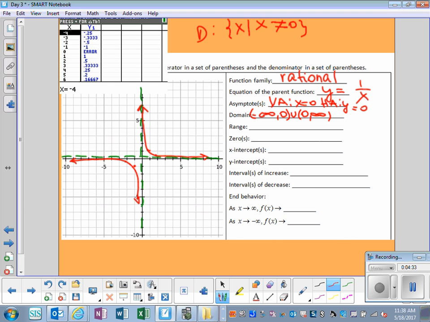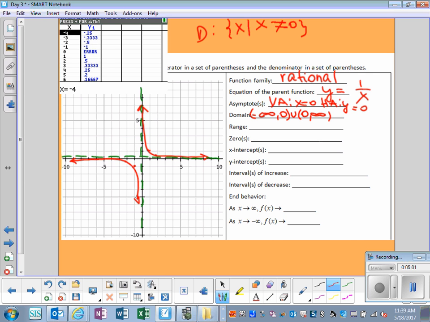Perfect. What about range? Is it much like how you would write the domain? You can see that as I start moving from the bottom to the top, and figuring out where my function exists, it exists everywhere except I never touch or cross my horizontal asymptote, so I will never have a point on my graph that will have y equals 0, right?